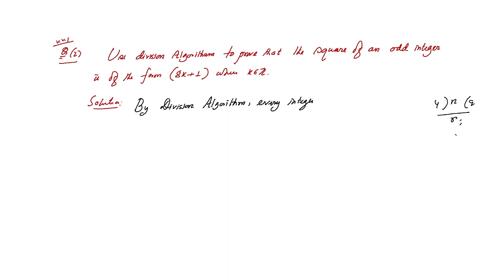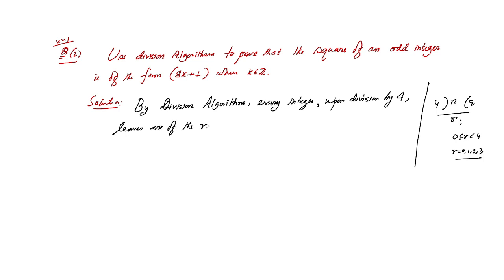What is the possibility of r here? r is 0 or greater and less than 4. So r may be 0, 1, 2 and 3. So every integer upon division by 4 leaves one of the remainders, either 0 or 1 or 2 or 3. That we can see with the help of the division algorithm.